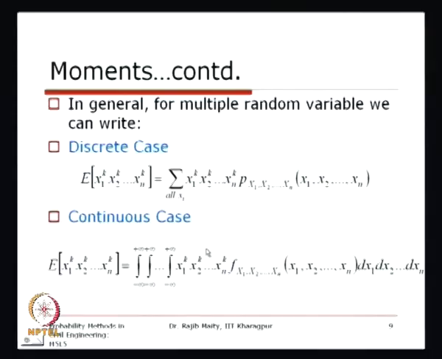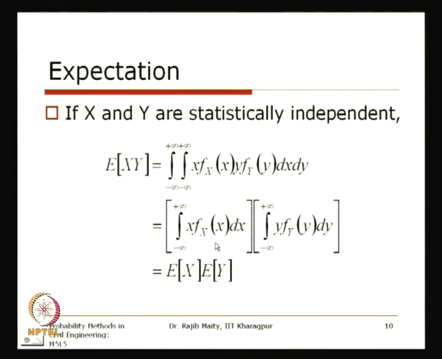Now, if we come back to our bivariate case again, we will see some more properties, and how these are related with the basic notions that we have explained earlier. For example, if X and Y are statistically independent. We have discussed statistical independence in the earlier lecture: the occurrence of one does not have any influence on the occurrence of the other random variable.